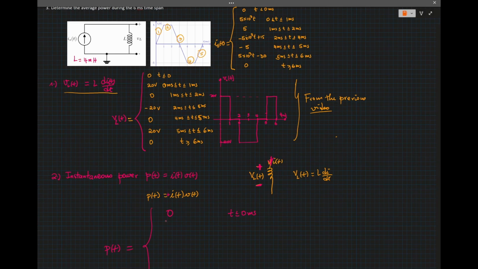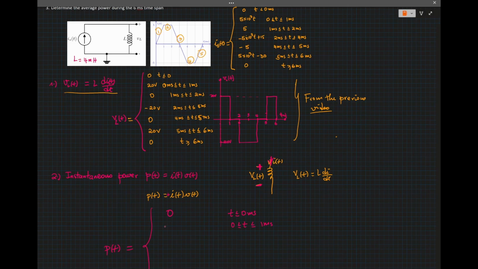And then for 0 less than or equal to t less than or equal to 1 millisecond, we're going to take this multiplied by this. That gives me 20 times 5 times 10 to the 3.